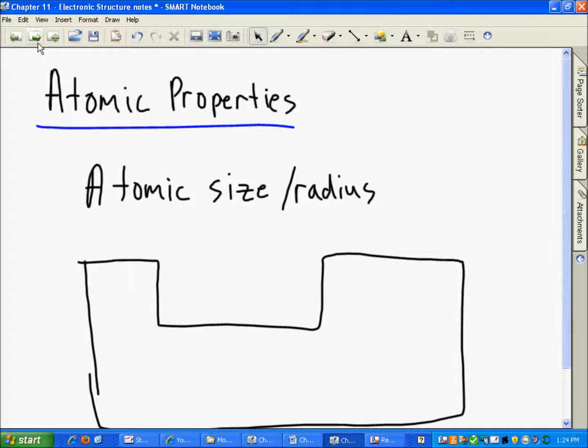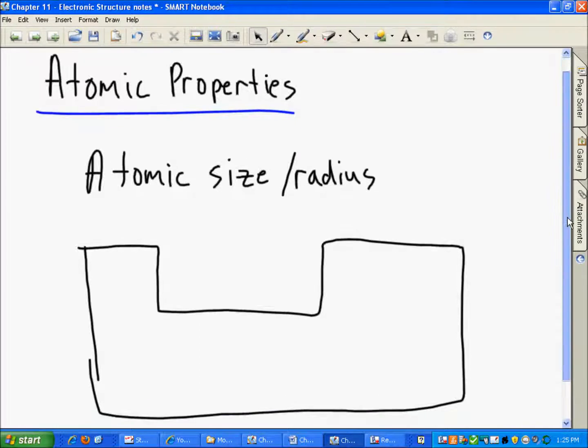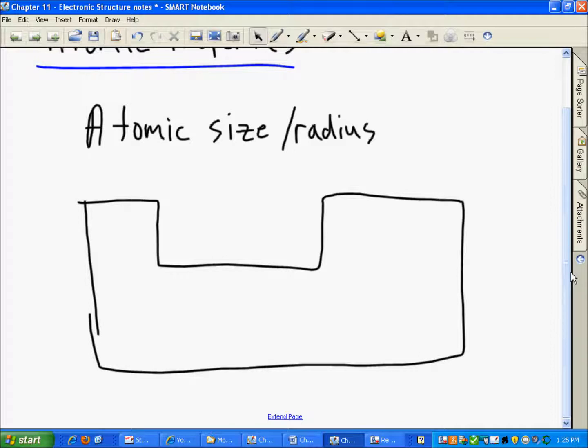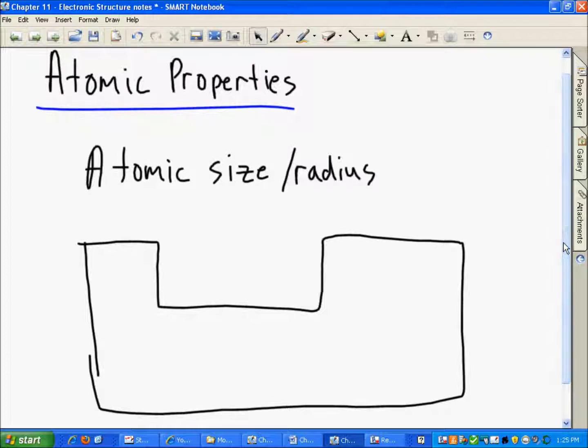So let's look at some properties in relation to their electron configurations and the orbitals. And the first property we're going to look at is atomic size. Now, if you think about orbitals, remember that different size orbitals have different energies, and the larger orbitals have higher energies. So it turns out that the atoms that have the largest orbitals will have the biggest size.